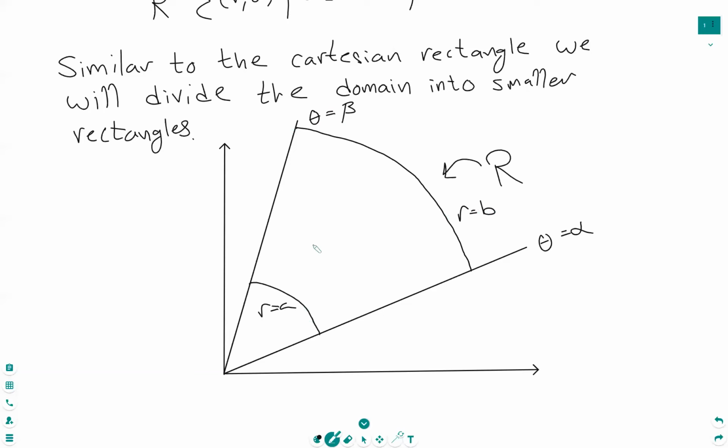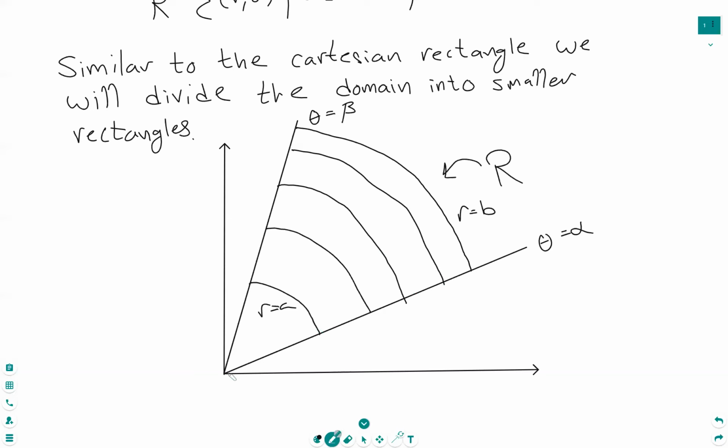So now we're going to try to subdivide this. So first, let's do R. So maybe we do something like this. So now we've broken up R into 4 subintervals.